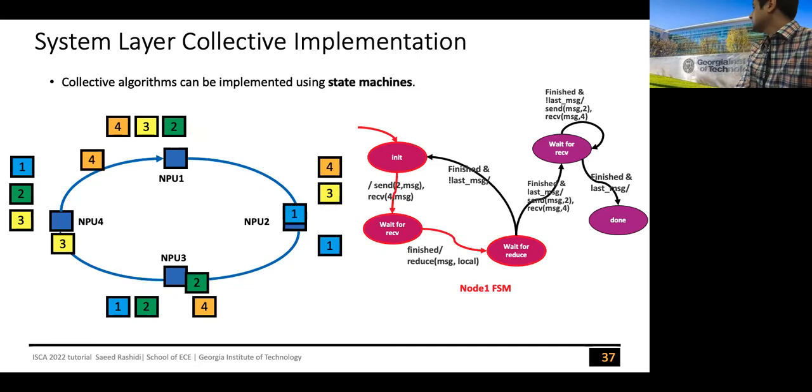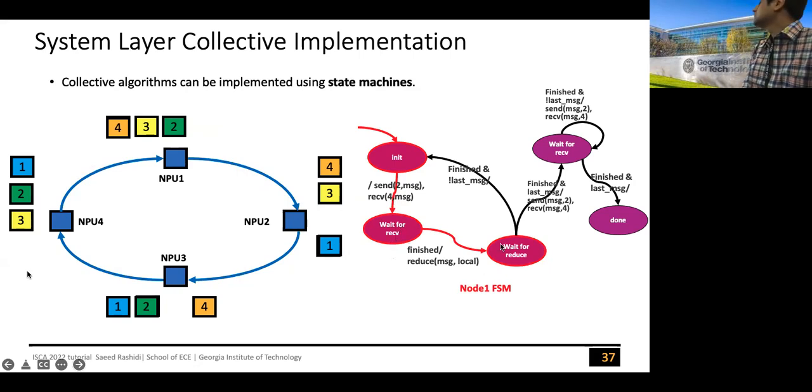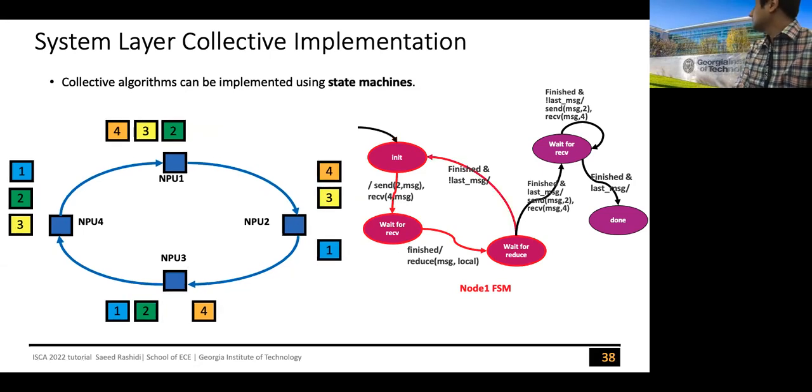What is happening is that you send some message here, then you receive some message from your neighbor, and you need to wait for the message to be received. And once you receive the message, then you can wait for some arbitrary amount of time to account for reduction with your local data. And after that, you transition to the next phase of the reduce-scatter again.